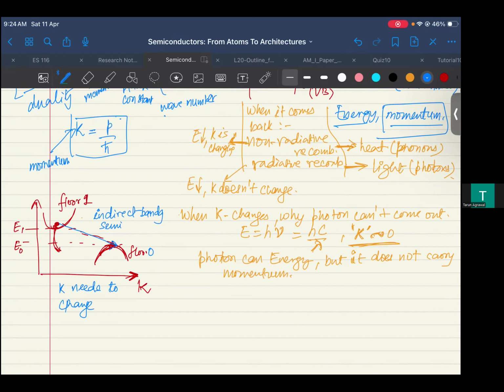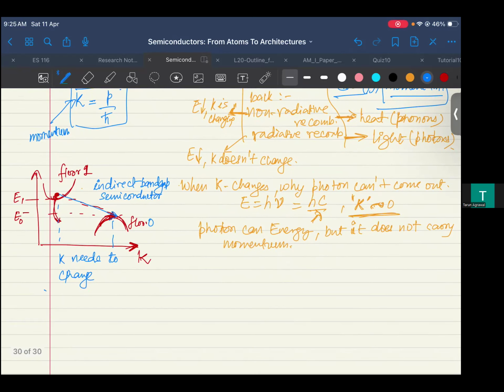It means that when you have these two bands or two floors, they are at different k. So when you go from this to this, you will change the k. That is the basic idea: the k needs to change.